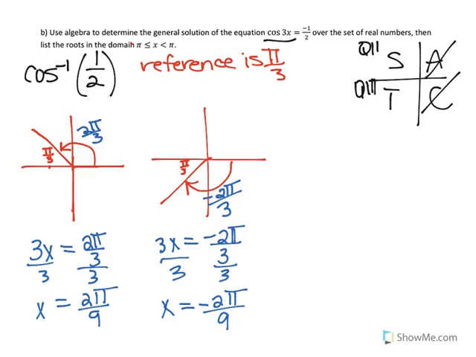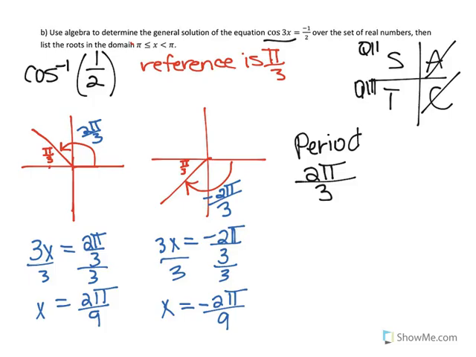So we want to come up with a general solution. So first we need to find the period length of this function. So we do have a 3 in front of the x. A normal period for a cosine function is 2 pi, and we divide it by our value in front of it, which is 3, so our period is 2 pi over 3.